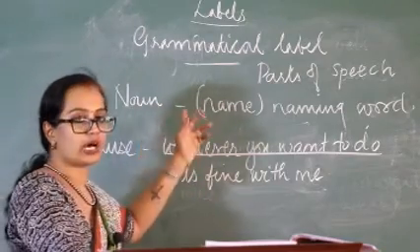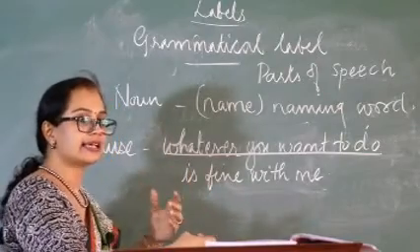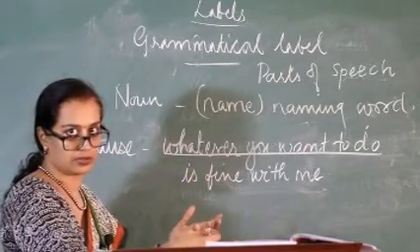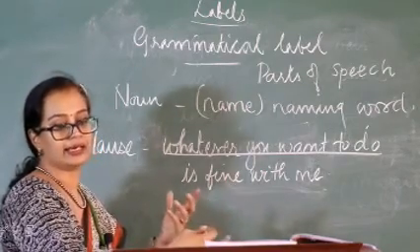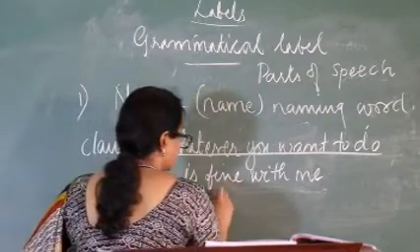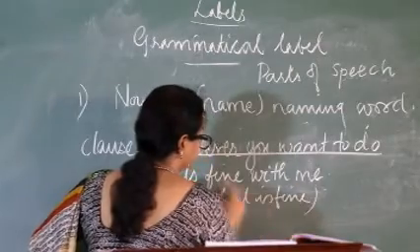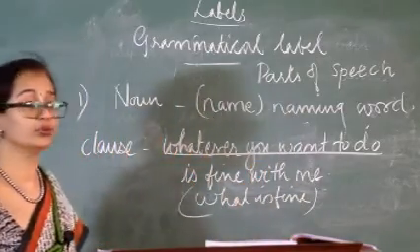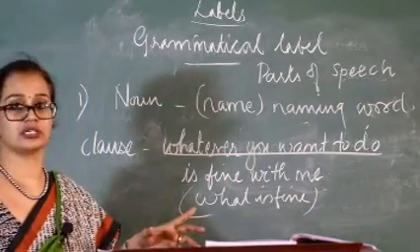The first one was noun as a word, next is noun as a phrase, and the next one is noun as a clause. So it is labeled accordingly. What is fine? It gives the question, what is fine? Whatever you want to do is fine. That is a clause. All right.